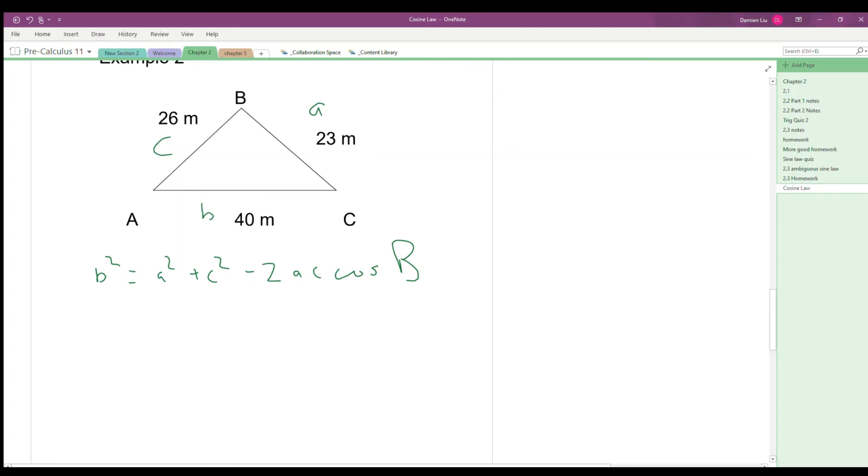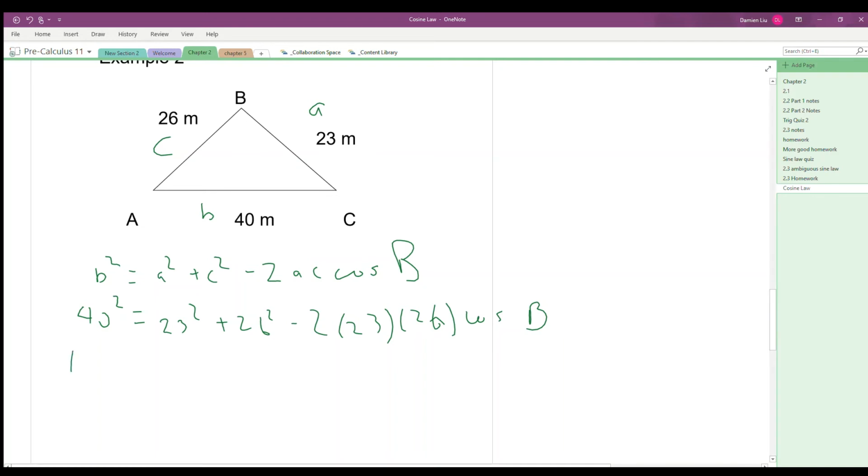All right, so we have B here, which is 40 squared, equals A, which is 23 squared, plus C, which is 26 squared, minus 2 times 23 times 26 cos B. Be very careful of order of operations here, and I'll show you what I mean.